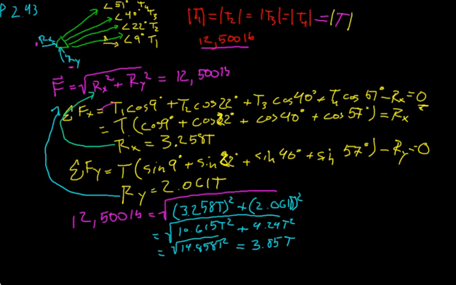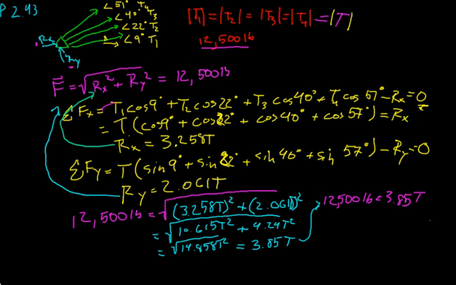So now we can move up a little bit and go to the final part. We know 12,500 pounds needs to be equal to 3.85T.